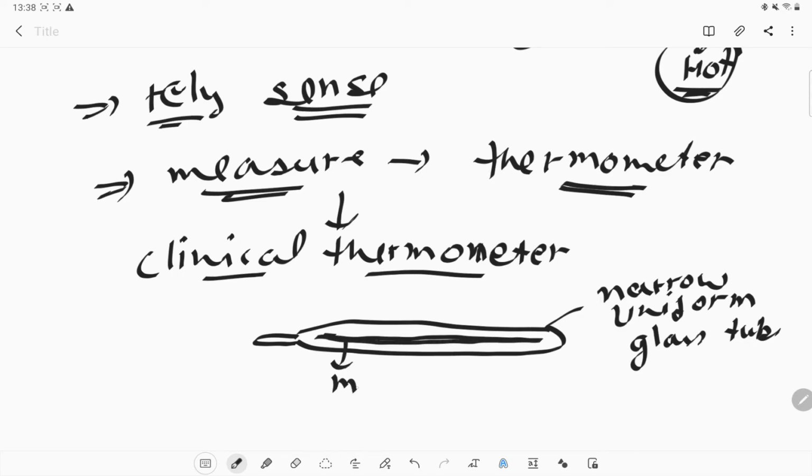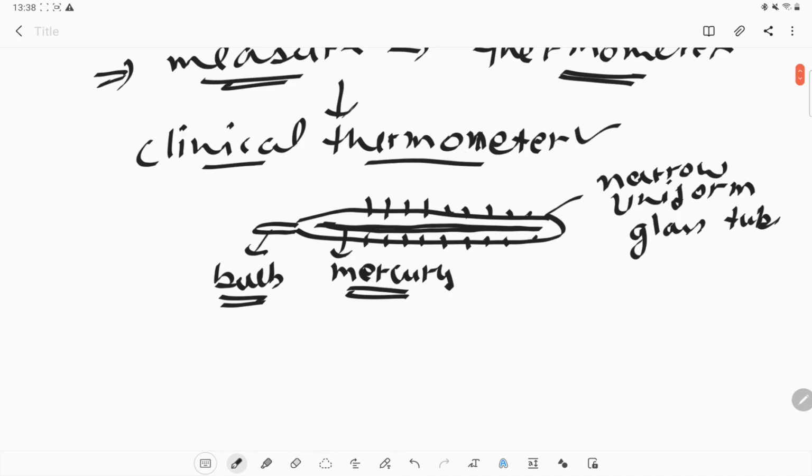Due to the level of the mercury we can figure out how much the temperature is, and there is the measurement scale. The scale is present on the glass, and this is the bulb area. So this is what a normal clinical thermometer looks like.